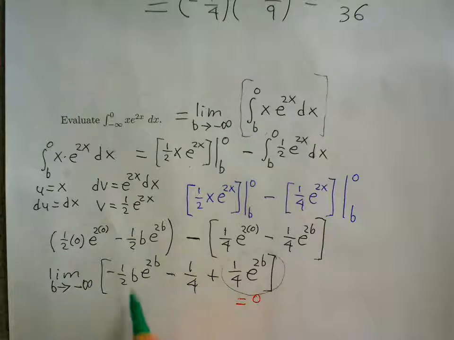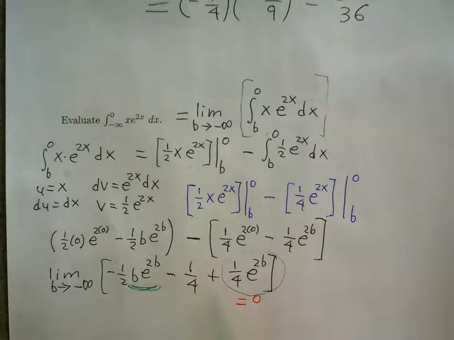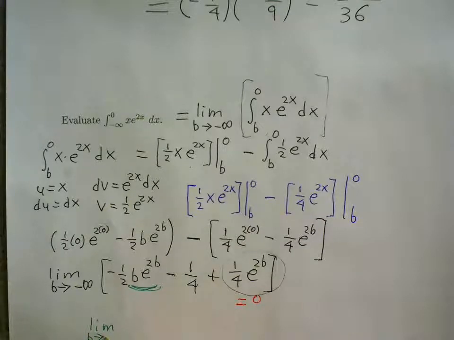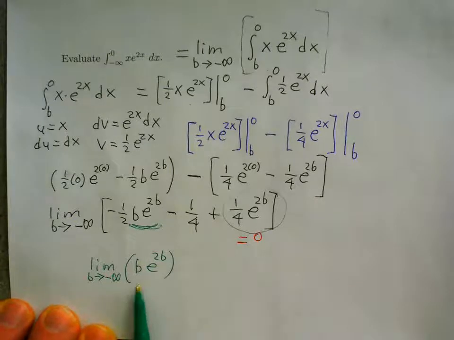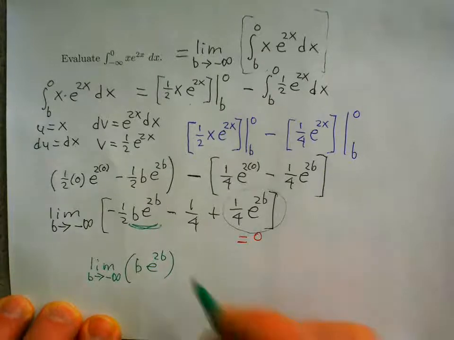So let's just isolate this part, the limit as b approaches negative infinity of b times e to the 2b. So this is indeterminate because an infinity times 0 is indeterminate. But what can we do?